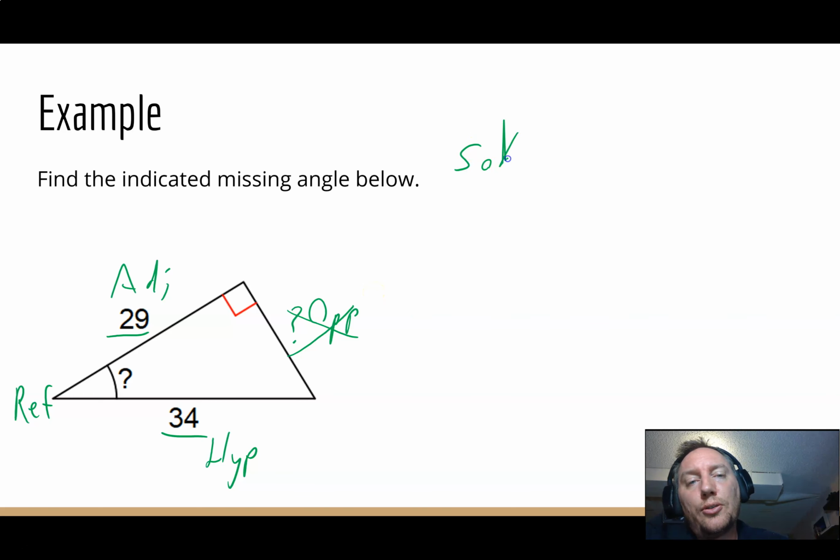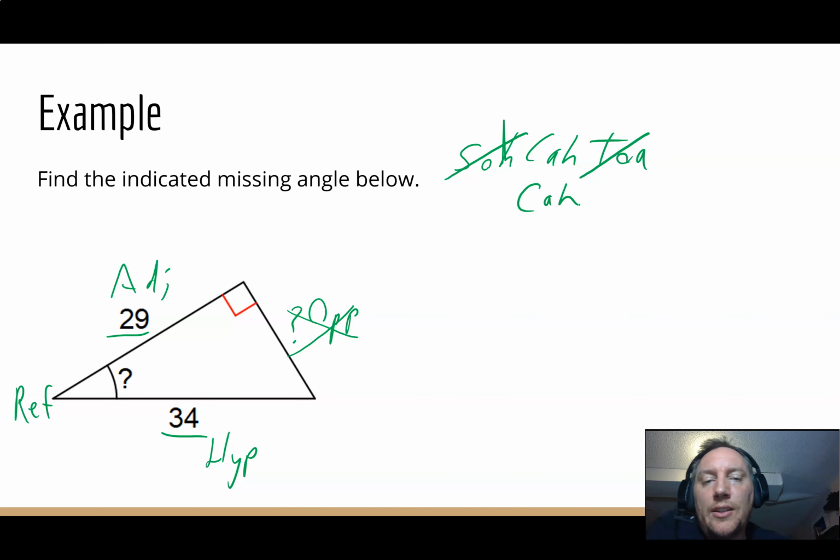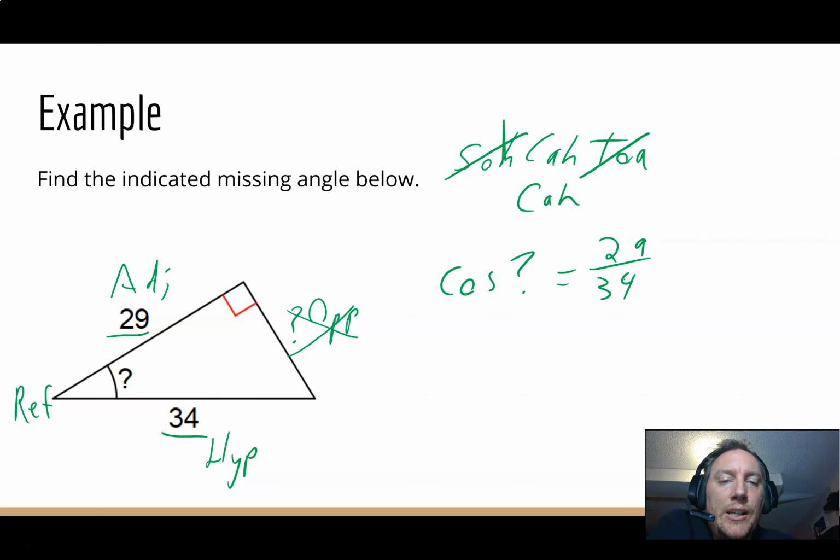So cosine of my question mark equals adjacent over hypotenuse. And we've done this stuff before. When you're solving for an angle, you need to do the inverse. Cosine inverse of 29 over 34. Make sure you know how to do that on your calculator.